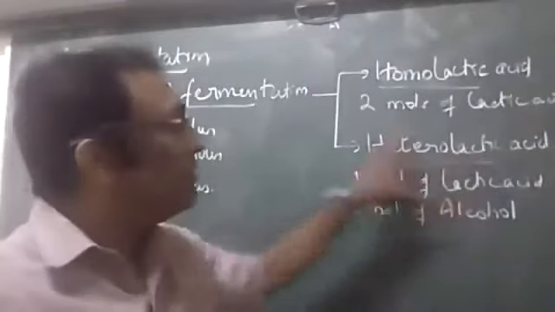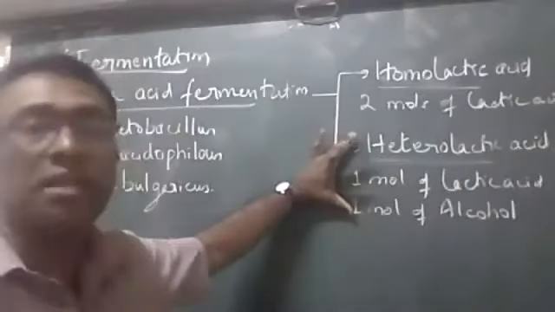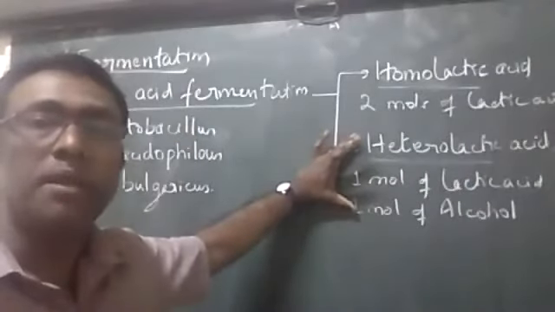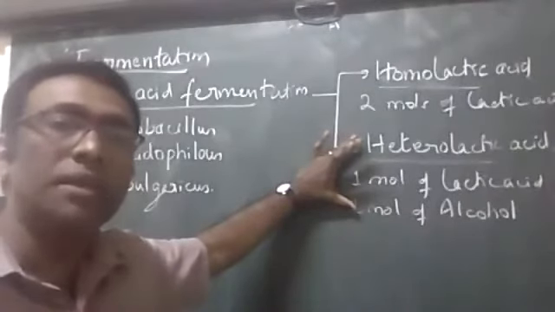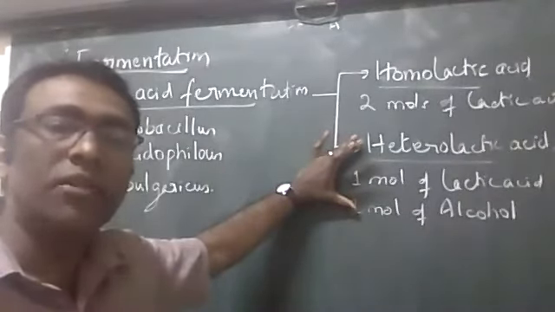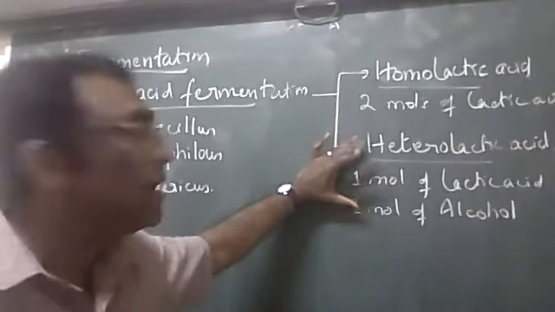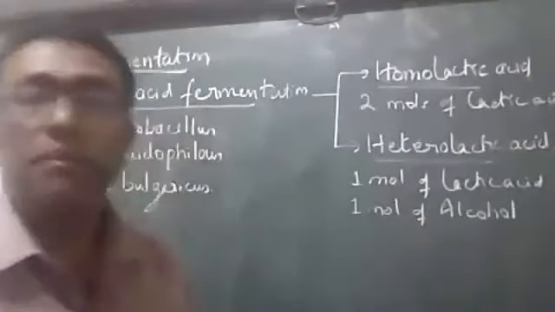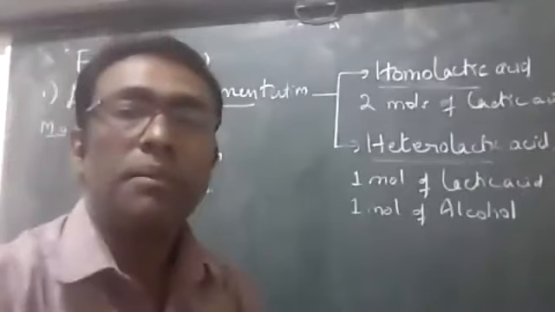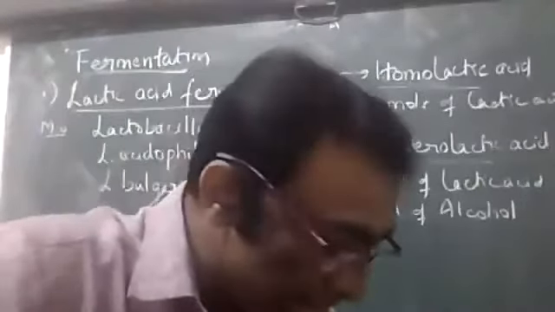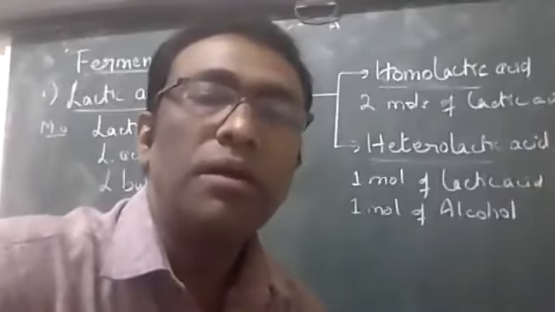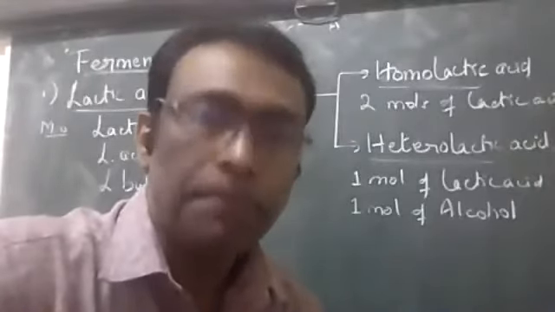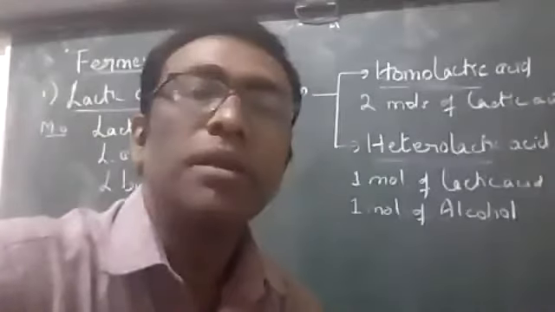Can you tell me what this fermentation is, which you already studied? Anyone can tell me? I already told you beforehand that this is the same as heterolactic acid. Somewhere we learned this, where you get lactic acid and alcohol. Phosphoketones. Pardon me? Somebody said phosphoketones.